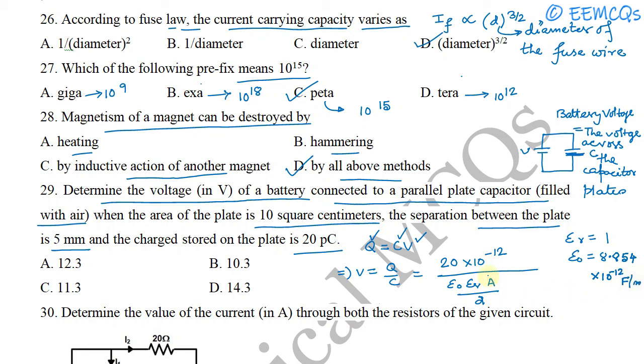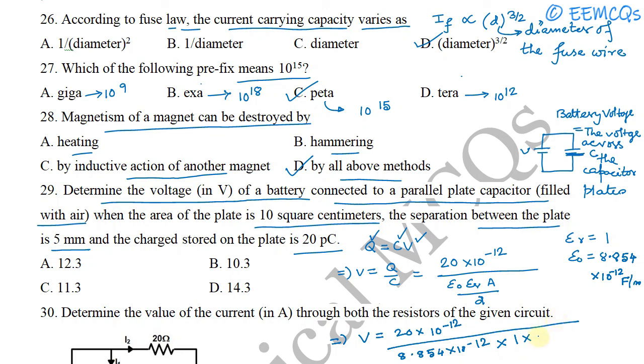Okay, so let us put all the values here. What we will get? V will be equal to 20 into 10 to the power minus 12 divided by 8.854 into 10 to the power minus 12 into 1 into A, which is 10 square centimeter. We need to convert it to square meters.